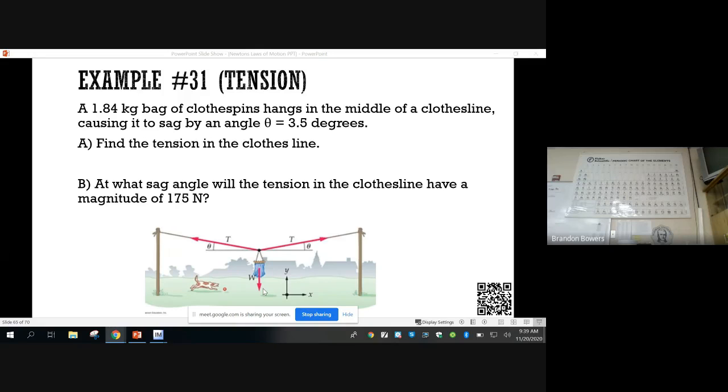The other thing is the force of gravity going down and tension going up. They have to match each other because this is not moving. Theoretically, you would divide the force of gravity by 2, since there are 2 strings.